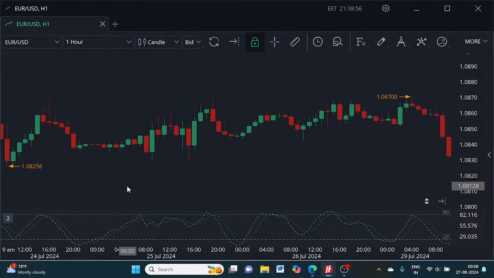Now you can notice one thing: the underlying instrument in this case, the Euro USD, doesn't really move in any single direction all the time. It usually moves in a zigzag formation. That is the case with most of the financial instruments in the market.